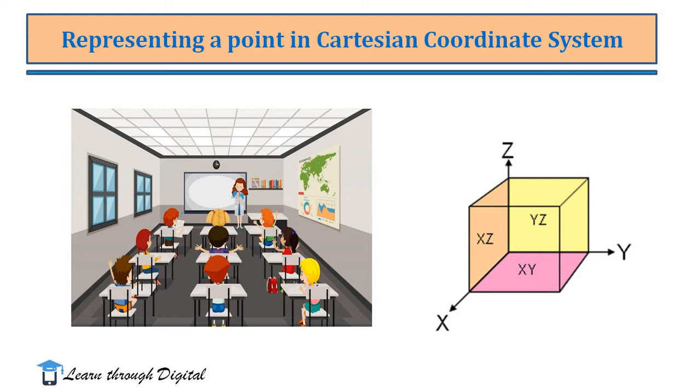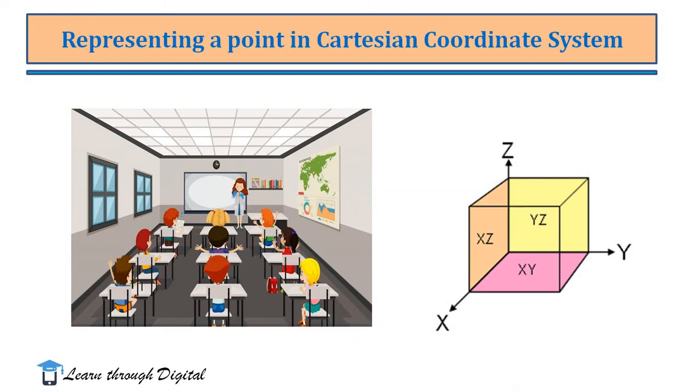So in our classroom, we can easily remember the xy plane, xz plane and yz plane in the Cartesian coordinate system. We see here in our classroom the yz plane where we placed the board. That plane is called as yz plane.